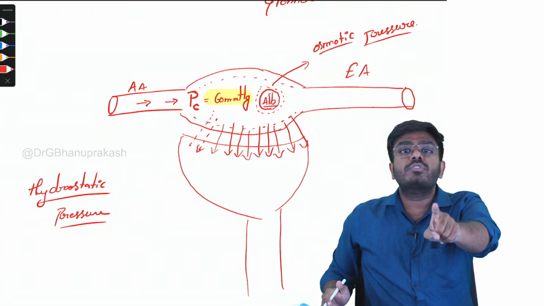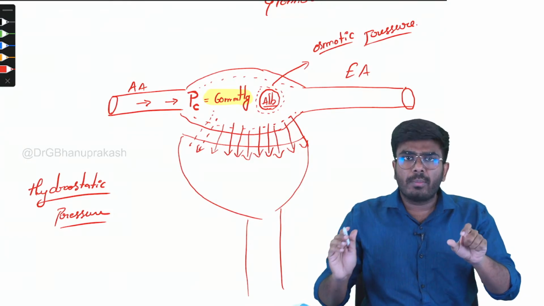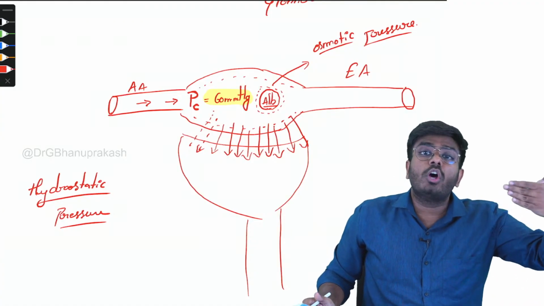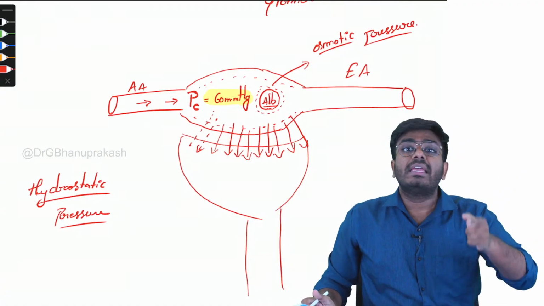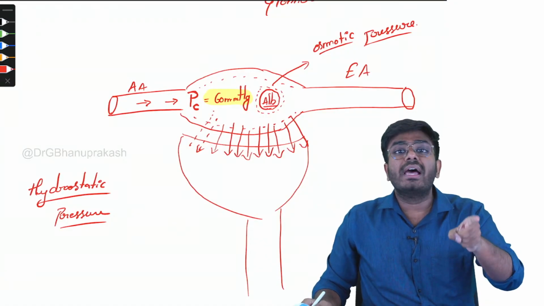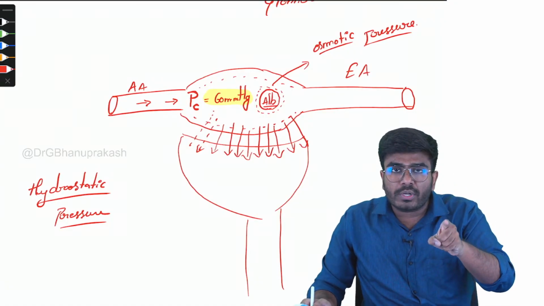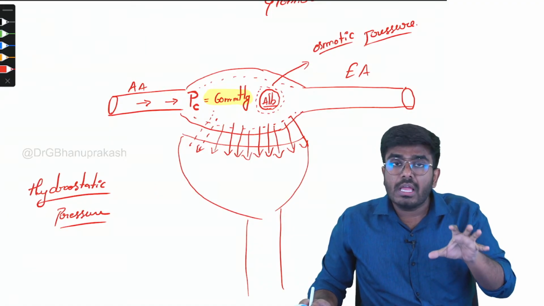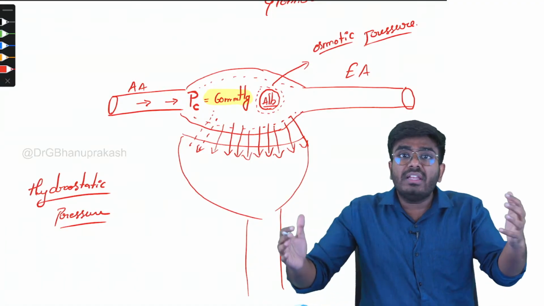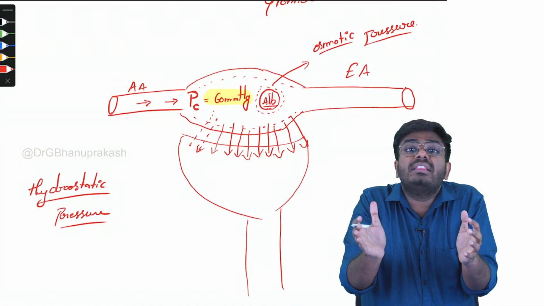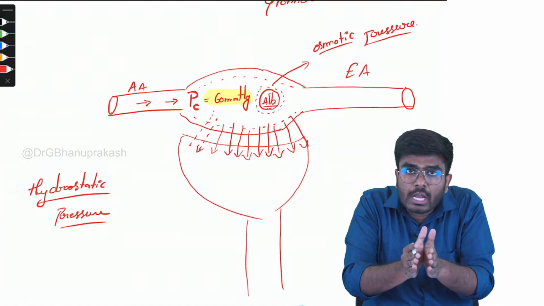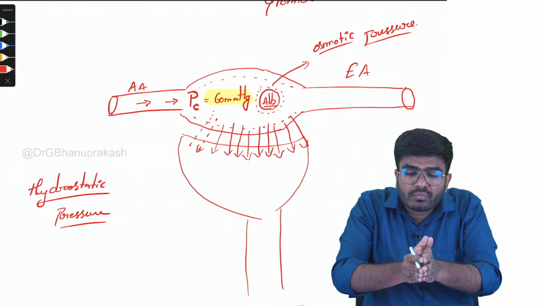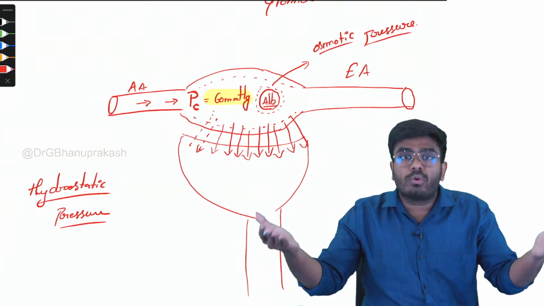Now, if someone asks you why, in a normal blood vessel, the blood is not coming out of the blood vessels? Why? Because in your blood vessels, there are proteins called albumin, and these albumin proteins are exerting certain pressure called osmotic pressure. Now, this osmotic pressure will keep the plasma within the blood vessel. It doesn't allow the plasma to leak out. Hydrostatic pressure wants the blood to go out.